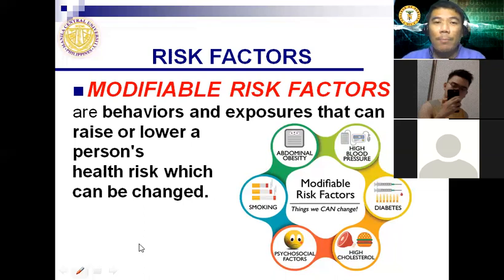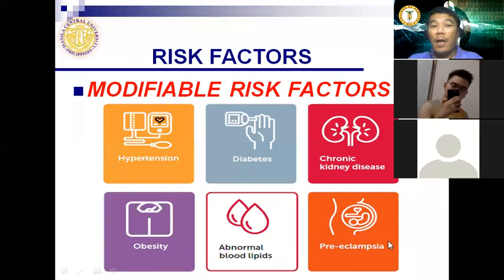And just like a typical example of why we consider modifiable risk factors: hypertension, you must have data pertaining to the blood pressure. Diabetes, you must have data that will support the increased blood sugar. Chronic kidney disease, you must have data that supports it, not just subjective data.